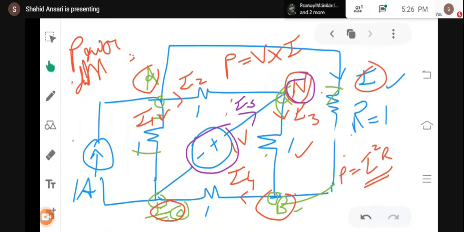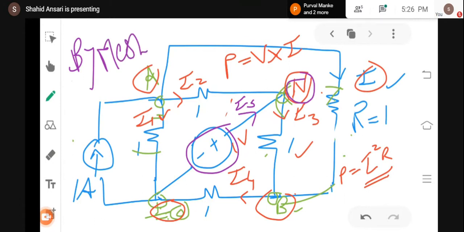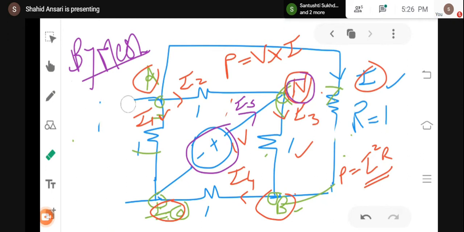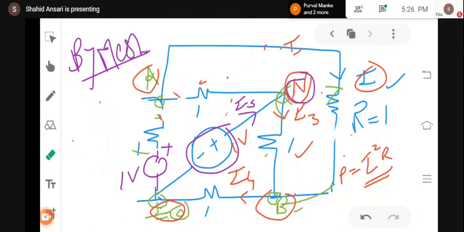Now, if I need to solve this particular numerical by mesh analysis, I can convert this particular current source into a voltage source. This will be V equals I into 1, so a 1 volt source. Now, no need to mark this current further. We can simply apply the mesh loop.